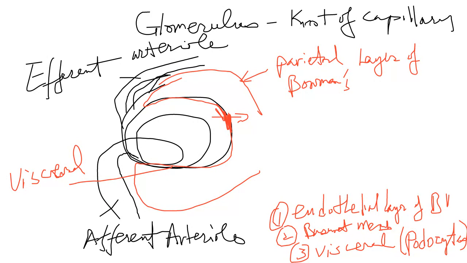There is a space here, known as the capsular space, and it's the capsular space that receives the fluid. That fluid is known as filtrate. And red blood cells, white blood cells, all the proteins are still in here. They're too big. They don't leave.